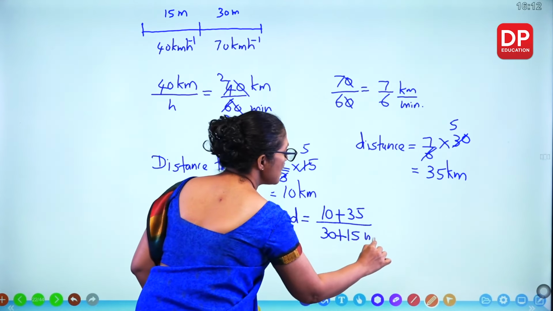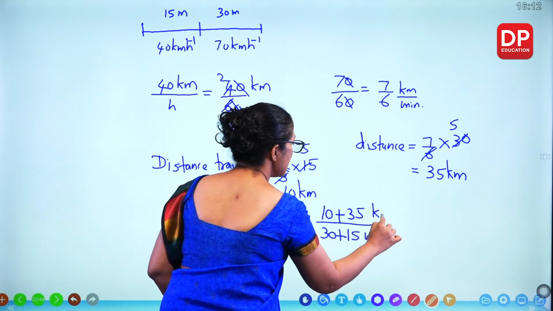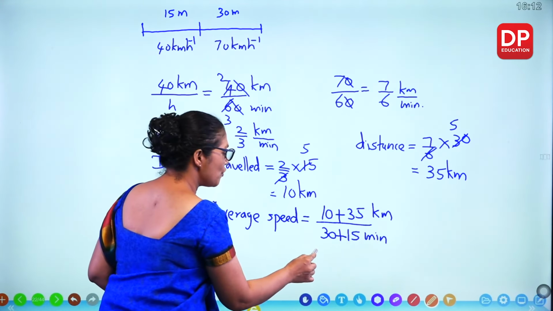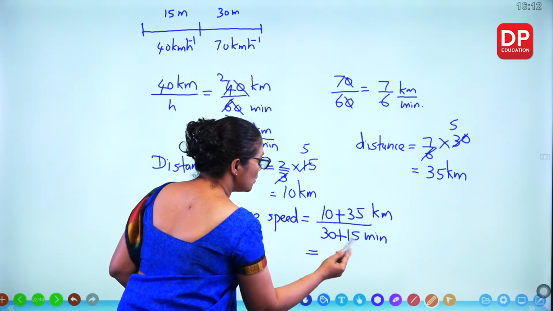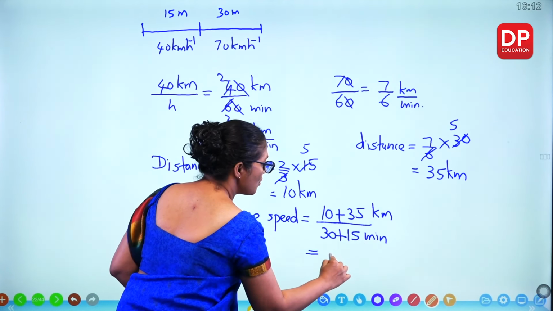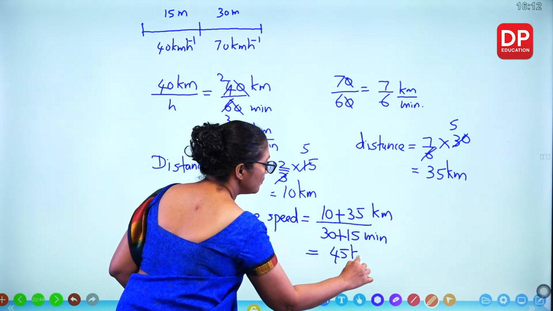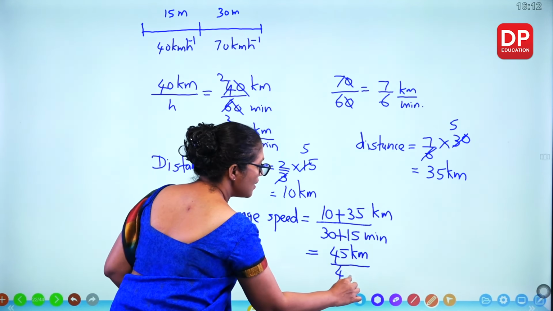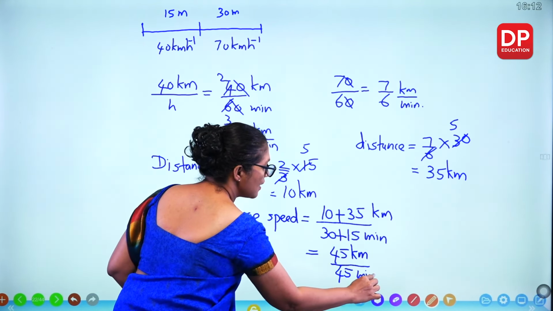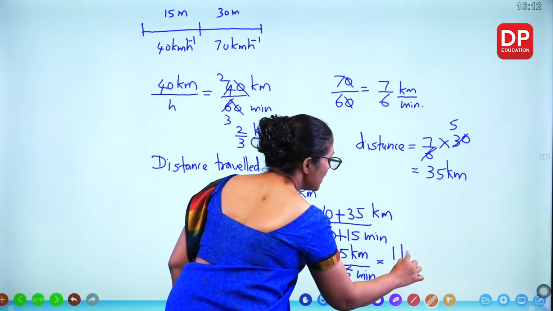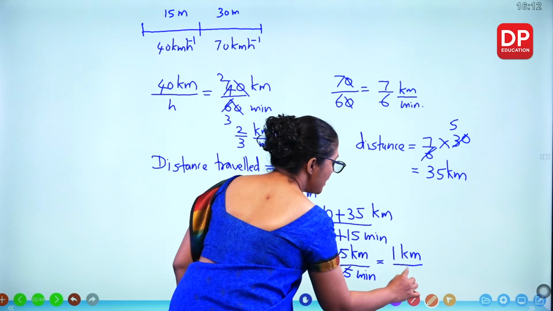This is in minutes, this is in kilometers. So if you want to convert to hours, what you do? Here you get 45 and here 45 minutes. Simplify, you get 1 kilometer per 1 minute.